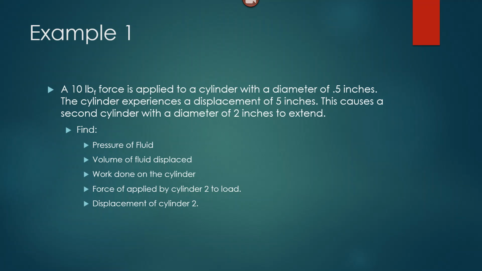So let's just draw this out real quick. We have cylinder 1, and it is connected hydraulically to cylinder 2.